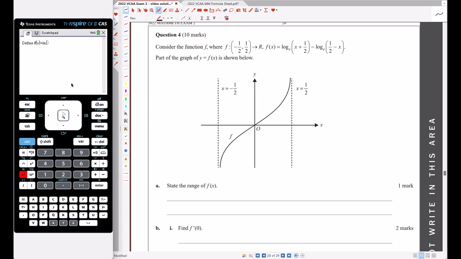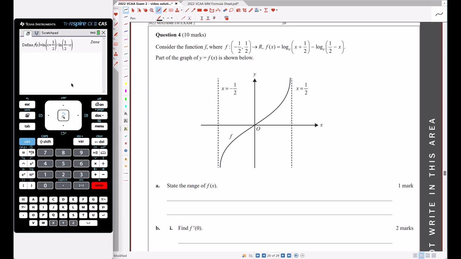So it is log e of x plus a half minus log e of half minus x. Okay, part of the graph is shown. State the range of f.